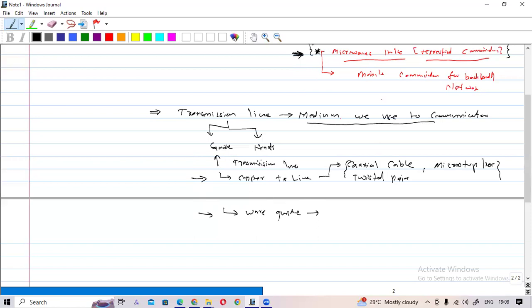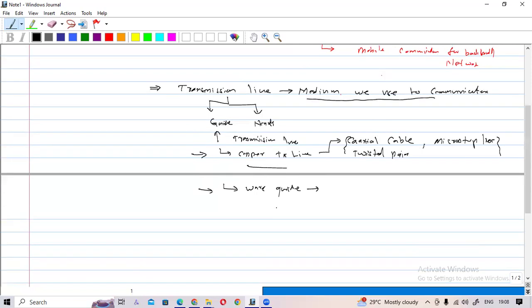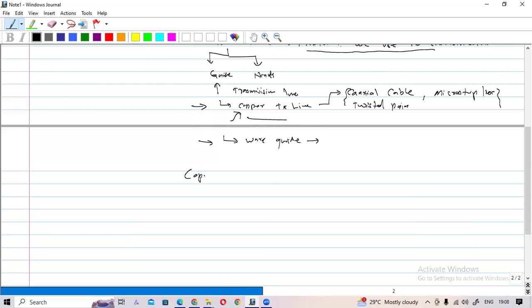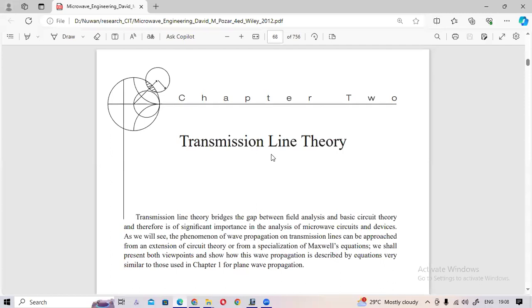So we will learn these two transmission lines later. Actually, we have already started this discussion on copper transmission line. I will come to our reference book.